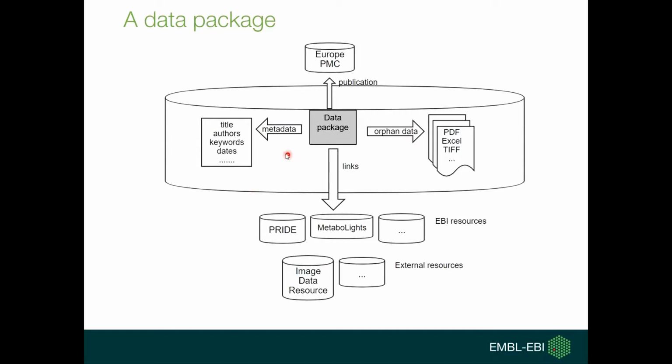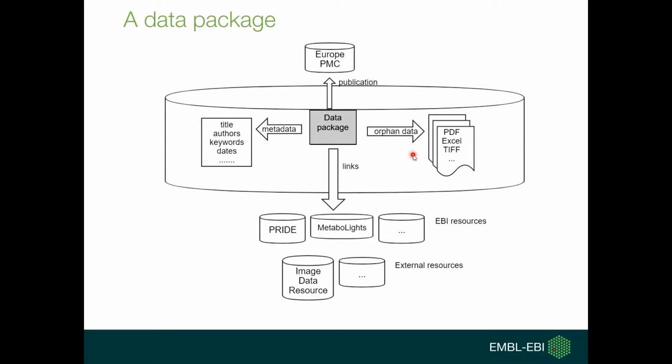The data package consists of some metadata: who generated the data, what the keywords are, what the various dates associated to this data set are, and so on. Then there are links to the components of data in various other databases, for example, PRIDE for proteomics data, MetaboLights for metabolomics data, and so on and so forth.